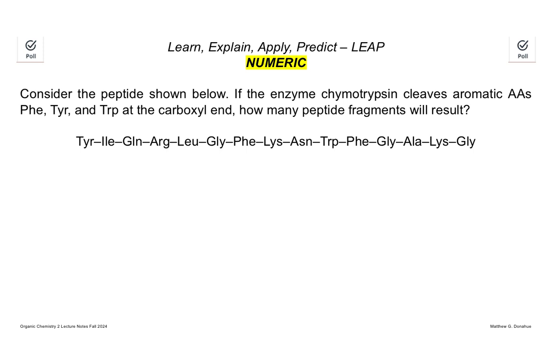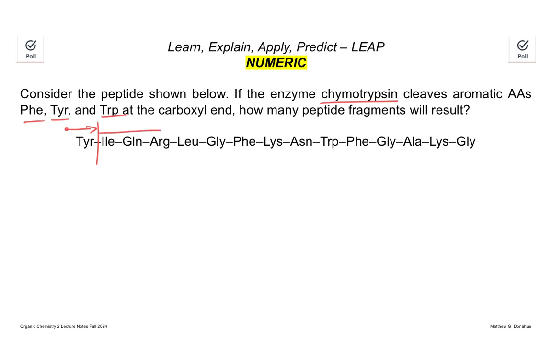Now we're going to treat with chymotrypsin, and we're going to read for phenylalanine, tyrosine, and tryptophan. We'll start here. As we read, we see the tyrosine, so we're going to clip there. Phe, tyr, trp.